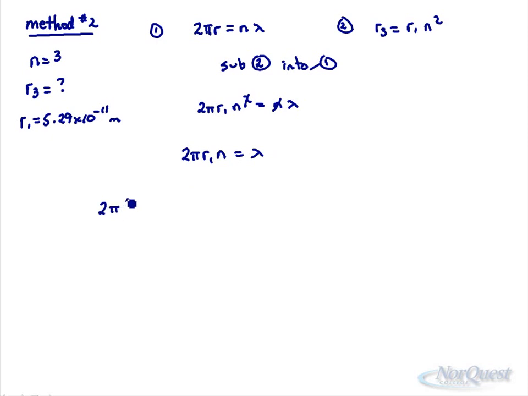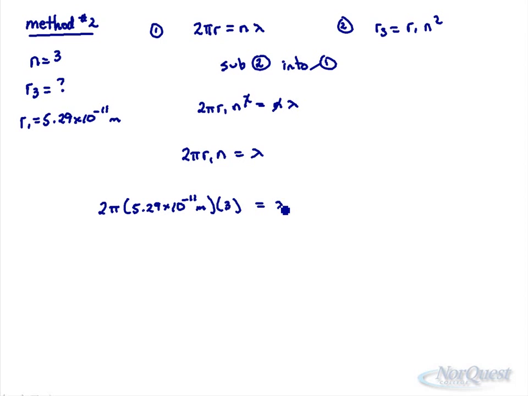So 2 pi times 5.29 times 10 to the negative 11 meters times our n value of 3, and this should give us the same answer, because Bohr did this a different way than de Broglie did, yet they ended up with the same result.